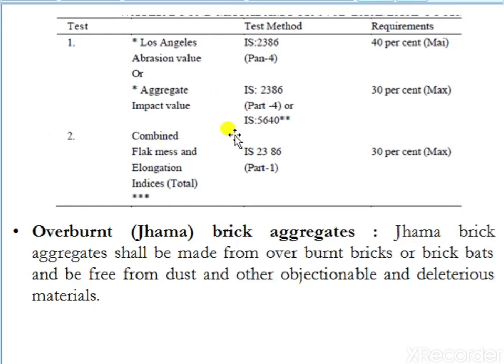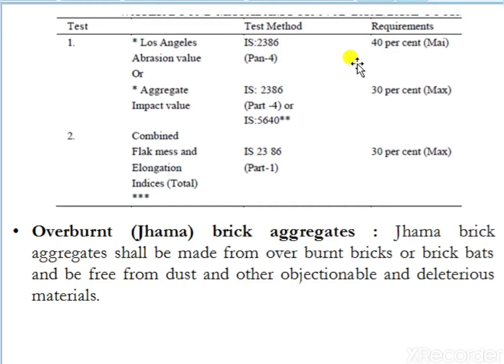This table is specified in IS 2386 Part 4. From IS 2386, the abrasion value for coarse aggregate should be 40%. It is the maximum value, that is, the abrasion value should not be more than 40% when it is used in the waterbound macadam pavement.